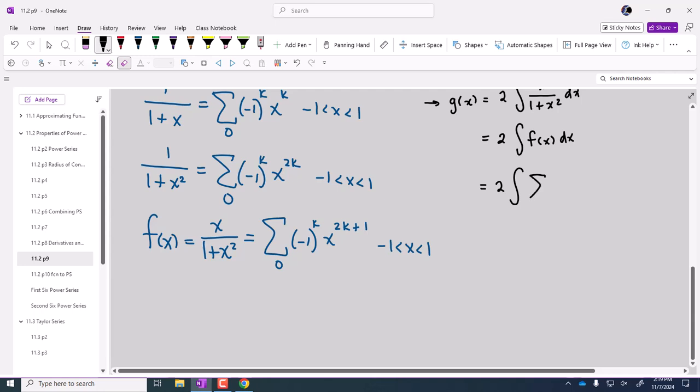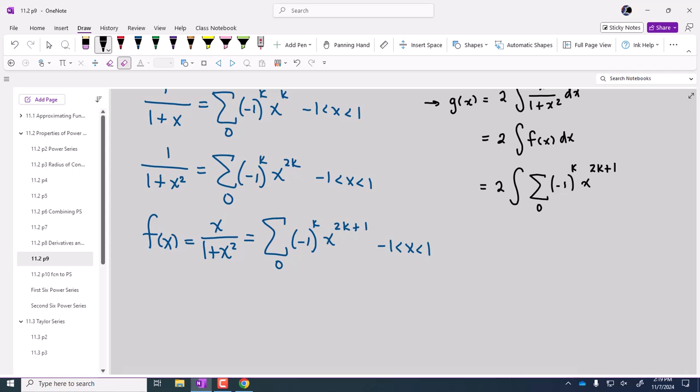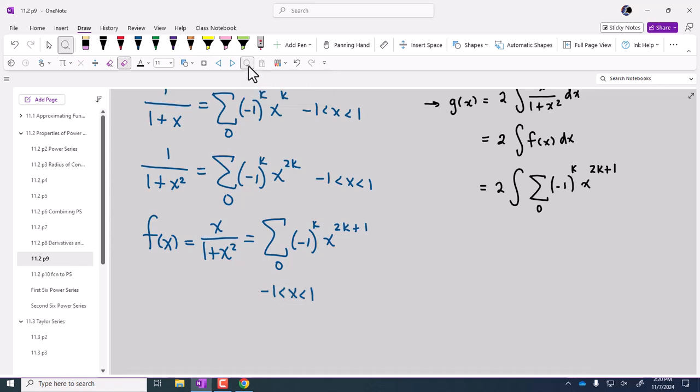So f is this power series that starts at k equals 0. We put in our switch, x to the 2k plus 1. And the interval of convergence we'll get to in a minute. We're integrating, so we're going to have to change it, possibly at the endpoints. Let me just move this interval over here, get it out of the way.